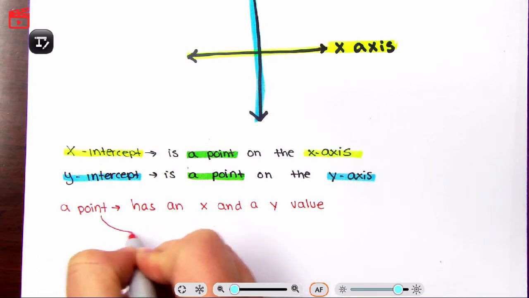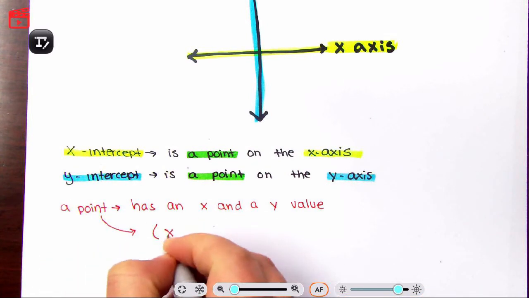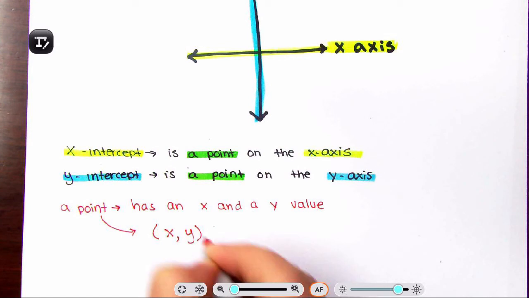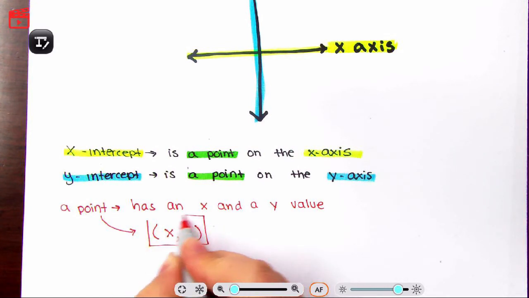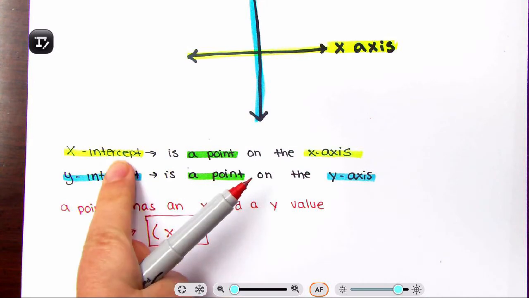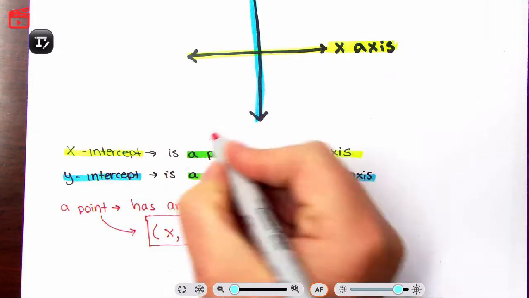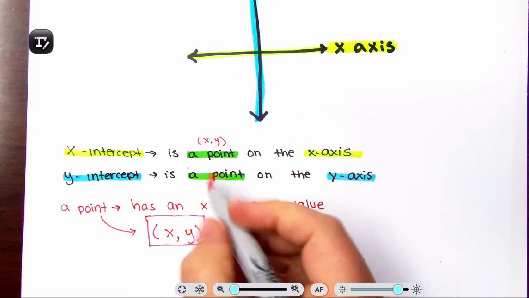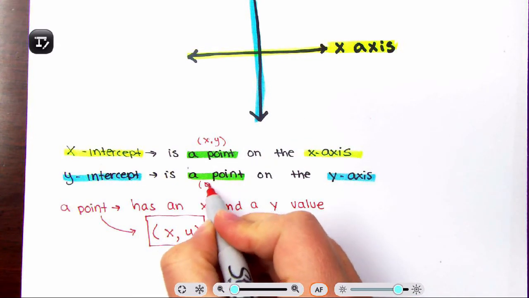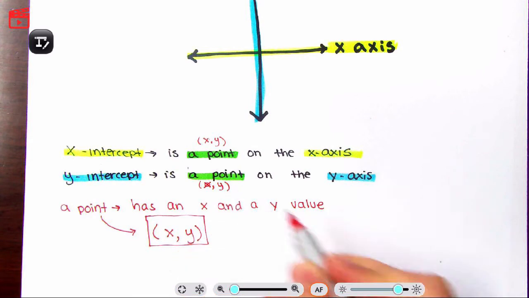So when we write a point, you're going to see something like X, Y. There's a relationship between X and Y. So your X-intercept is a point, which means there has to be an X and Y on the X-axis. A Y-intercept is a point. That means there's going to be an X and a Y.